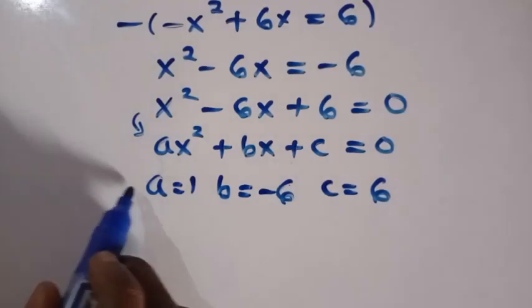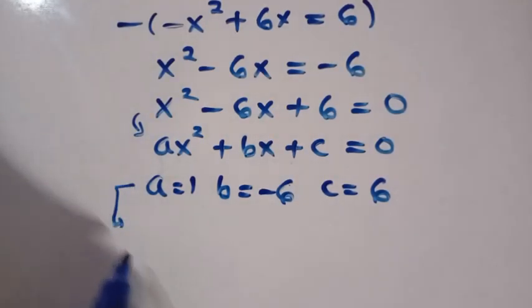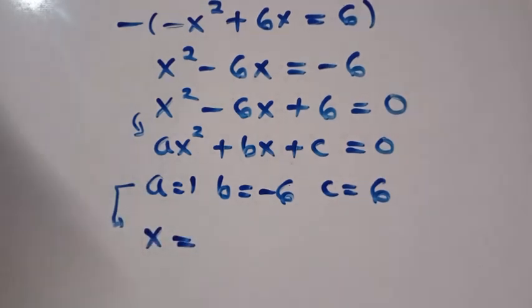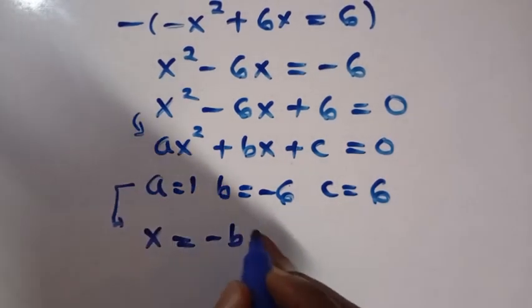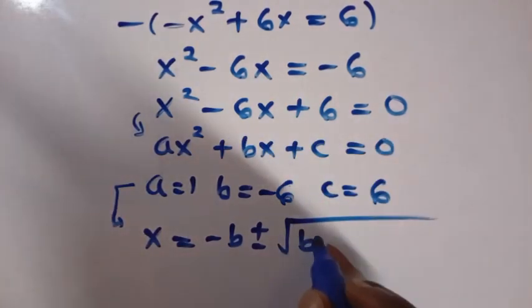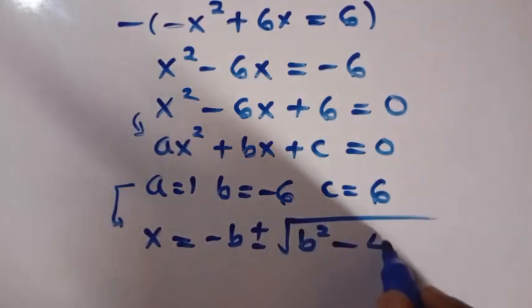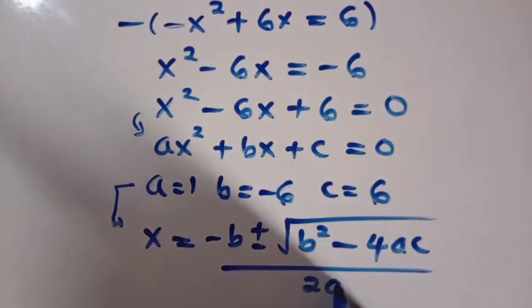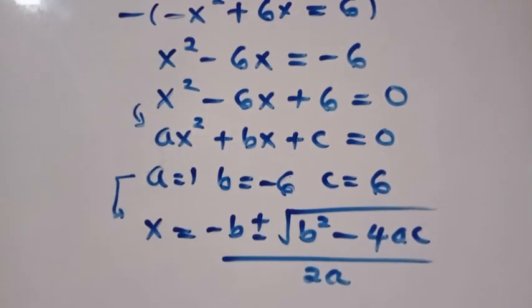So we have to plug the whole of this thing here in this quadratic formula. So we have x equals minus b plus or minus square root of b squared minus 4ac divided by 2a.